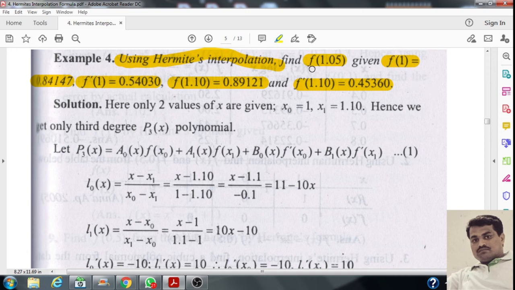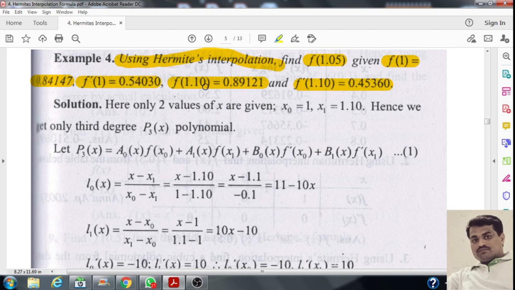Here our question is to find out the value of f of 1.05. If we compare this data with the above table, then we can identify x0 is equal to 1 and x1 is equal to 1.10. Also f dash of x0 is given, f of x0 is given, and f dash of x1 is given.